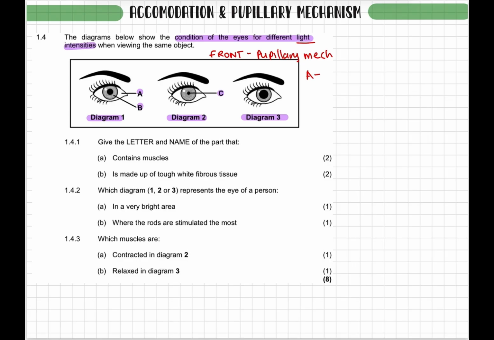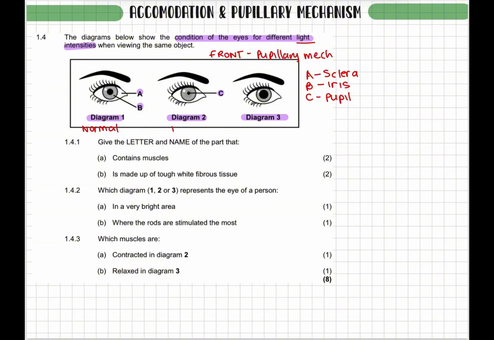So to label part A, that would be our sclera, and then part B, the iris, and then part C is our pupil. We check diagram 1, looks like it's normal conditions.